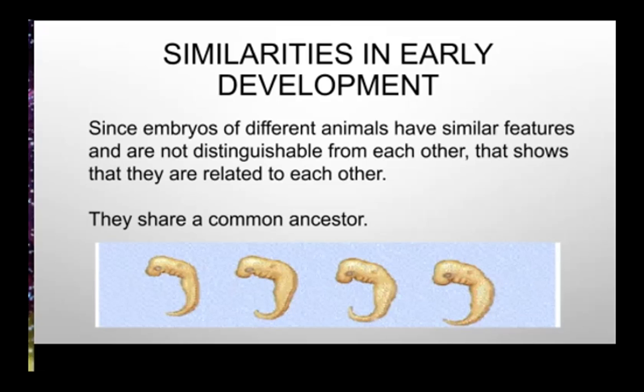Others don't diversify from humans until later on in their development, which also indicates a stronger relationship with us there, okay? So comparing these commonalities shows us that there's a relationship between these animals. Therefore, they must share a common ancestor, okay?